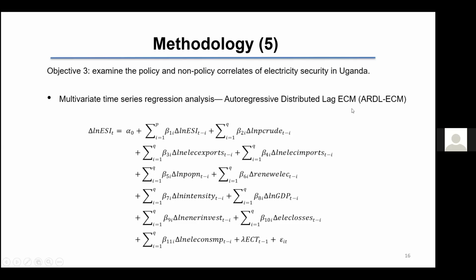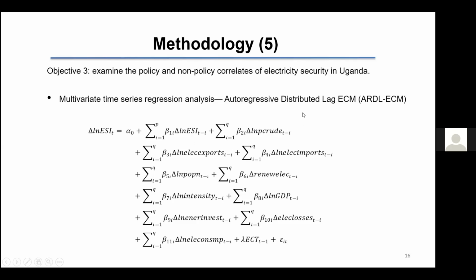But importantly, this approach is selected for three reasons. One, it is after testing, before you run, that your variables that you are going to use must be integrated of different orders. I'll specify that in the requirements, which I'm coming to below.